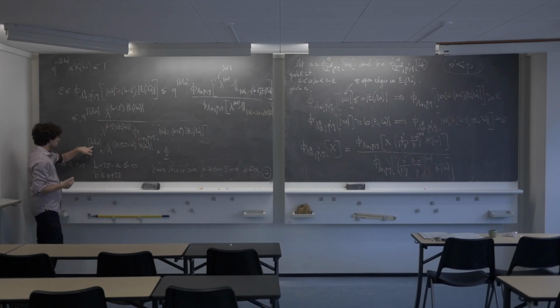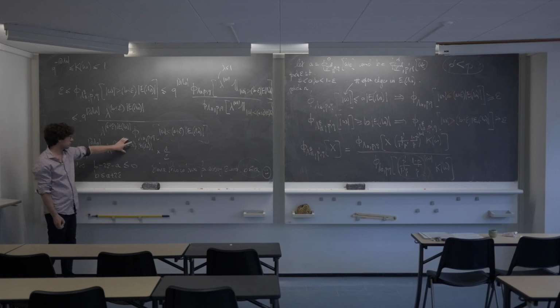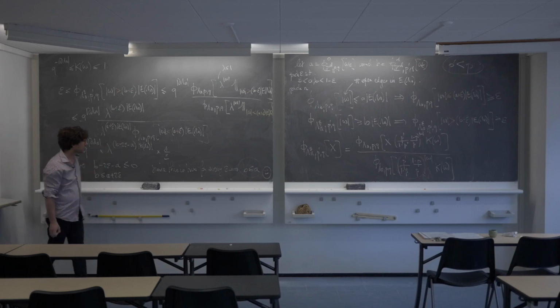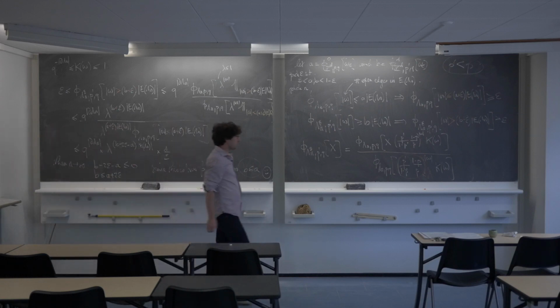Why? The fact that you are giving a boost, you are looking at the ghost thing, is giving you indeed a boost of q to a certain number, but it's exponential in the size of the boundary. So it will never be able to overcome this quantity when n tends to infinity. So that gives me the inequality I wanted.